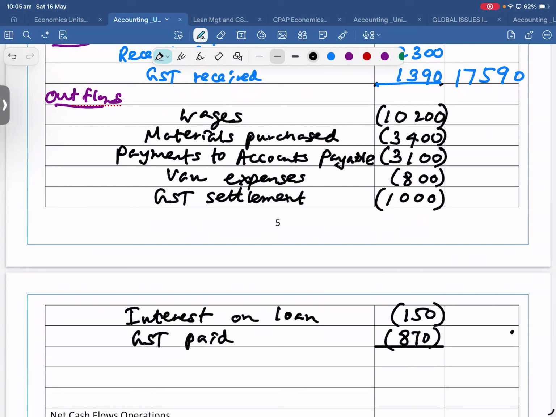So get the total cash payment: $19,520. 19,520. Correct.